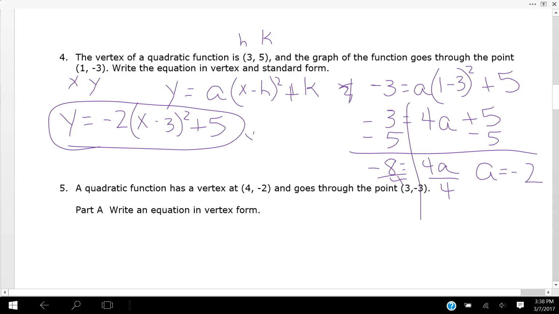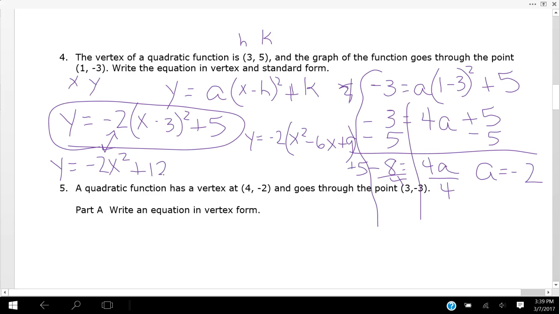So I end up with y equals -2 times x squared minus 6x plus 9 plus 5. Totally didn't have enough room. Y equals -2x squared. There's my a. -2 times -6 is plus 12x minus 18 plus 5, which is minus 13.